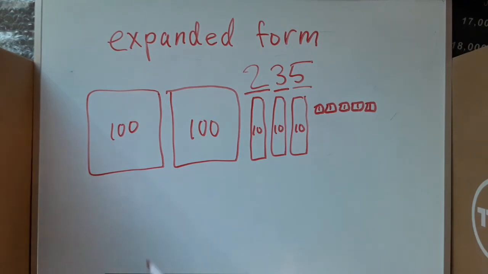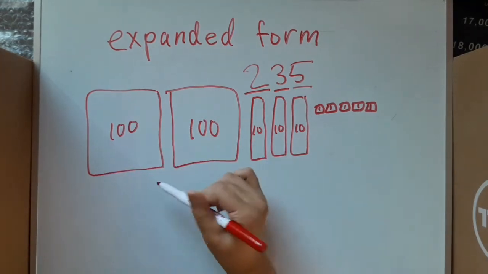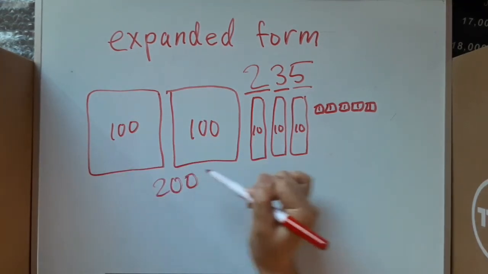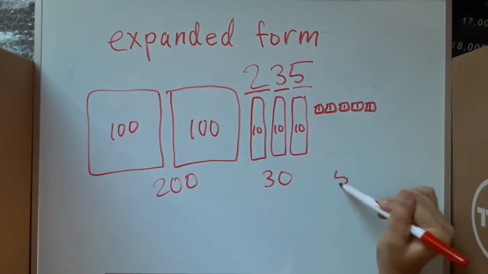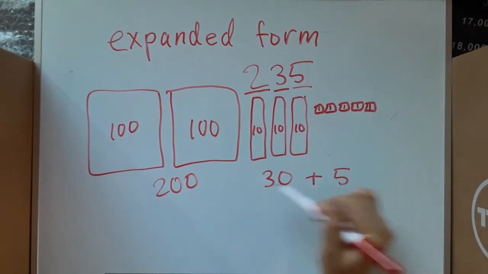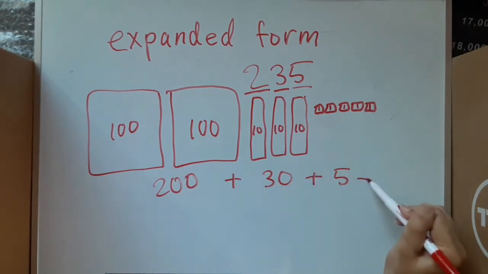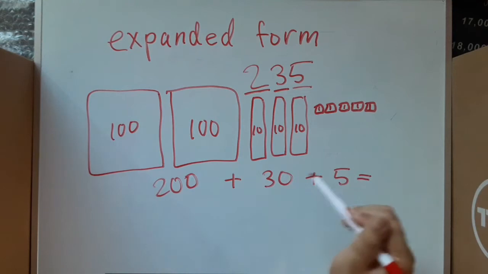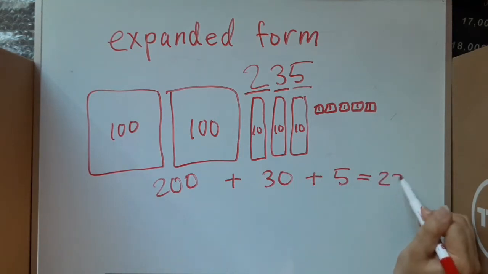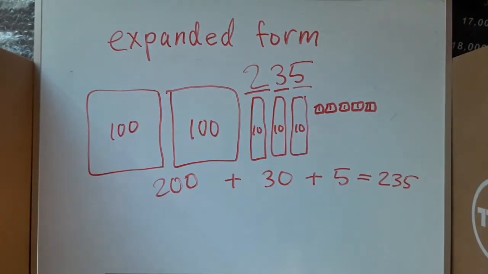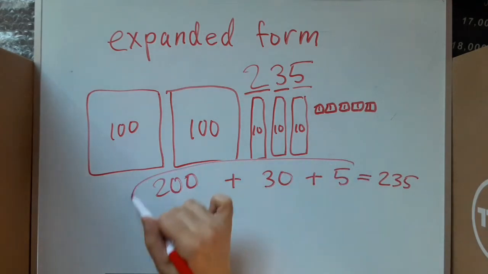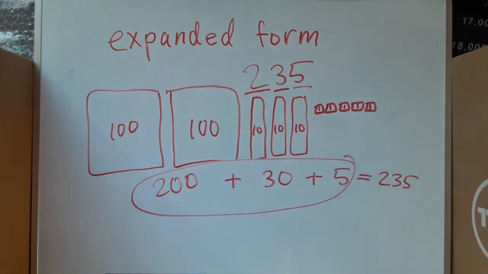Now, we can see that we have 200, 30, and 5. If we add these all together, that equals 235, the same as our number in standard form. Writing our numbers out based on their place value is called expanded form.